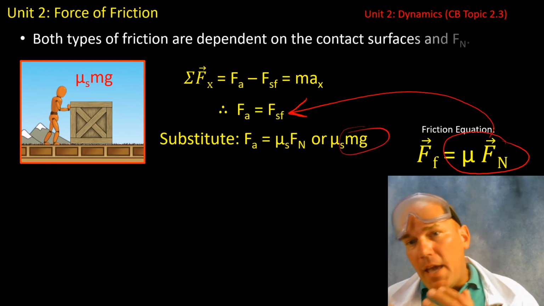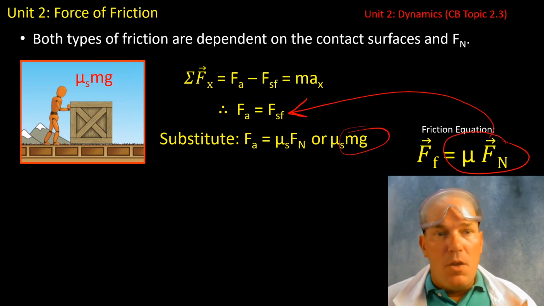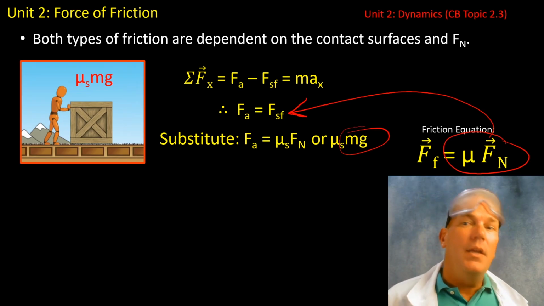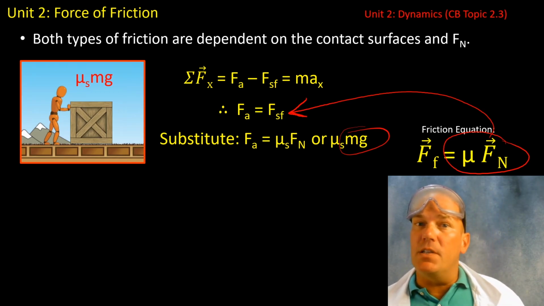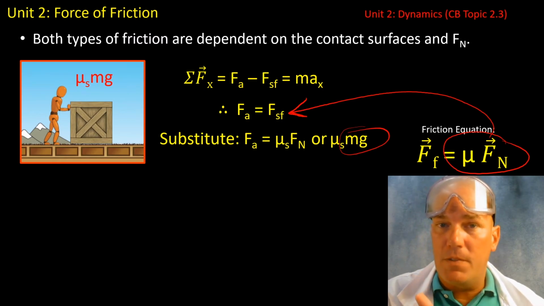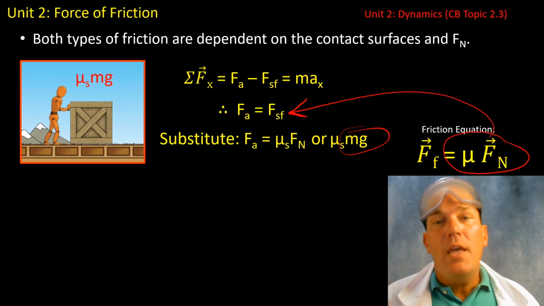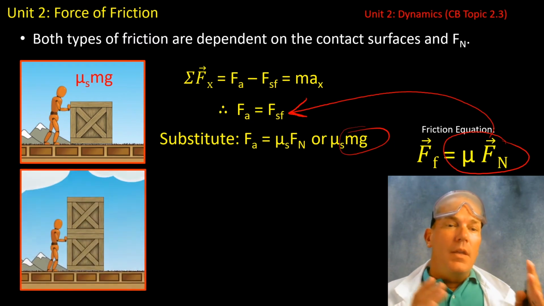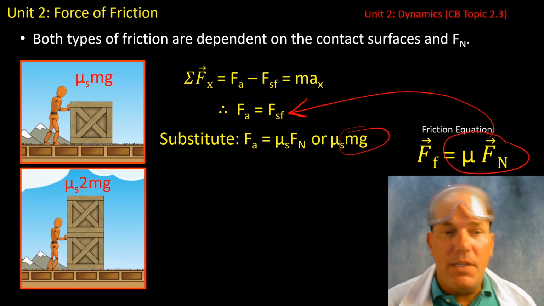So, as you can see here, both of these frictional forces, kinetic and static, are dependent upon the contact surfaces, which determines the coefficient of friction, mu, and also force normal. Now, look at this scenario.